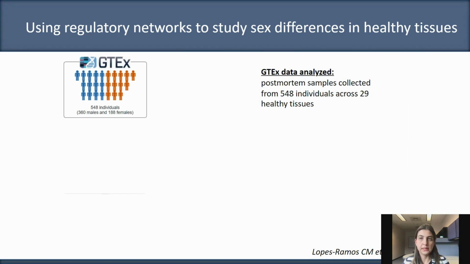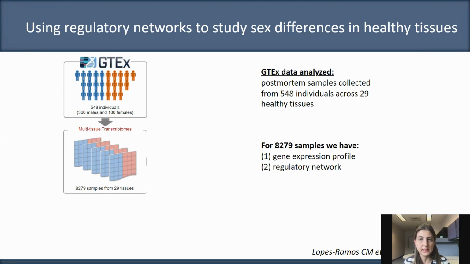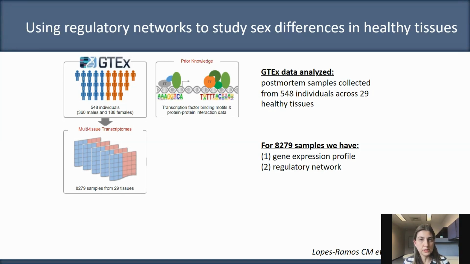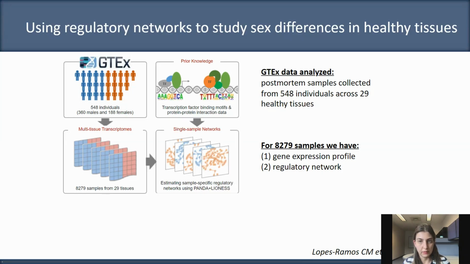So we have more than 500 individuals and samples across 29 healthy tissues. So in total, we had more than 8,000 gene expression profiles. We combined these gene expression profiles with other sources of data, so the transcription factor binding motifs and the protein-protein interaction data, to model the gene regulatory networks.